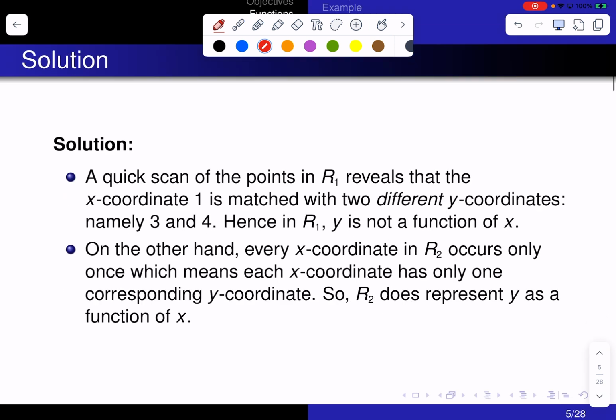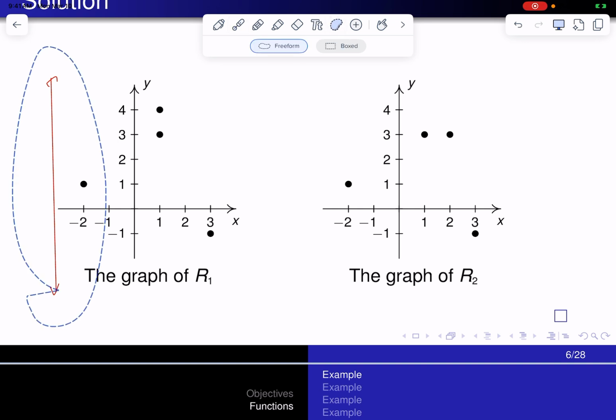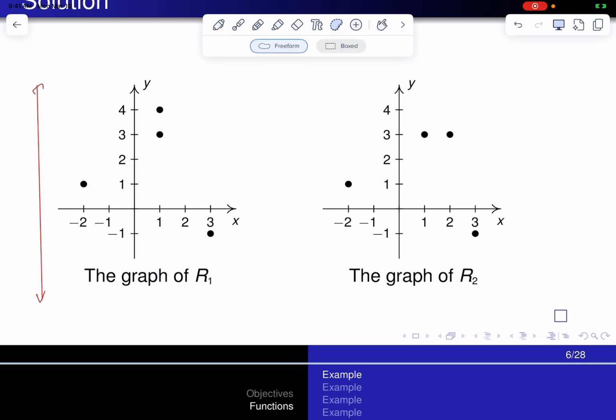Now, when you look at a graph, does anybody know how? There's a test you use from 9th grade. The vertical line test. Very good, Brody. If you take a vertical line, that vertical line represents one x value. Remember, x equals a number is a vertical line. Do you agree? So right here, this is x equals -2.